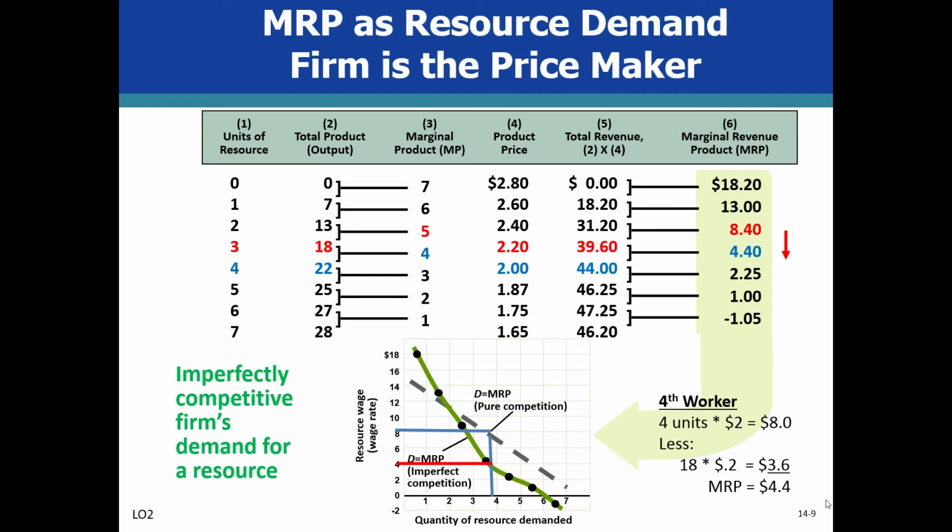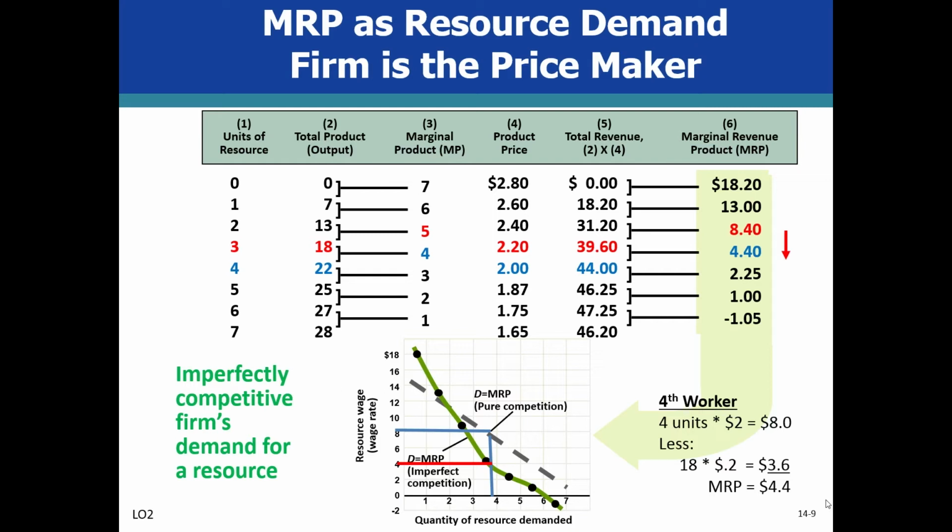So I could have made $39.60, but to make the $44 by selling those 4 additional units, I have to, in essence, discount all of the other 18 units in order to move the total volume at the end of the day.